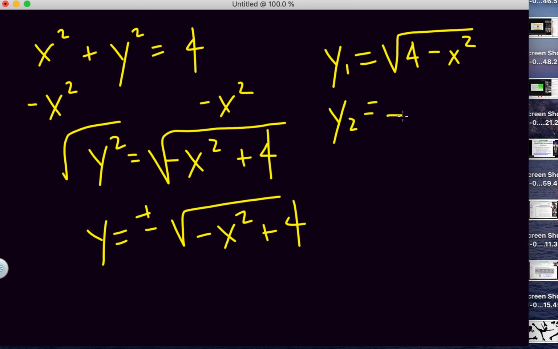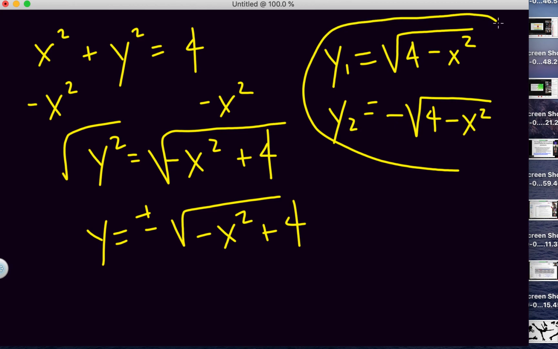And then you're going to have the opposite of the square root of 4 minus x squared. So putting it into a graphing calculator, you're going to need to be able to isolate the y. Translating between implicit and explicit functions, you're also going to have to be able to isolate the y.